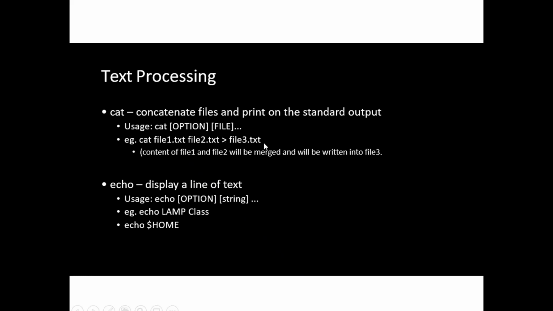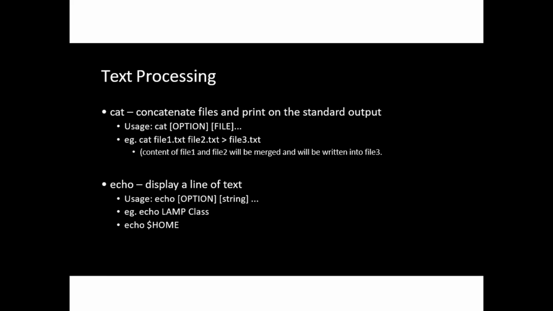Whatever content is there in file1 and file2, a new file file3.txt will be created and all the content will get merged into a single file named file3.txt. That is what cat is. That means concatenation.